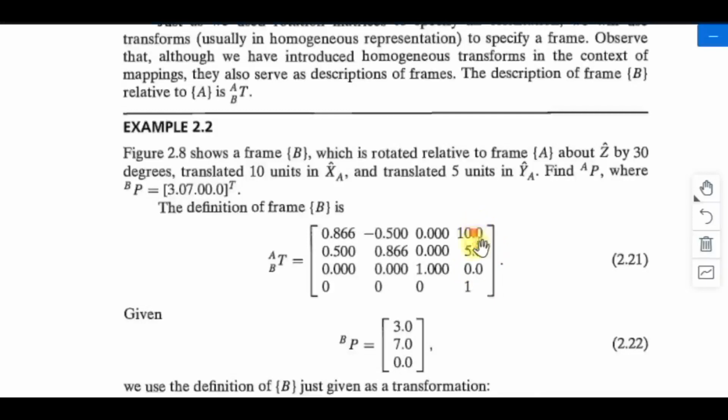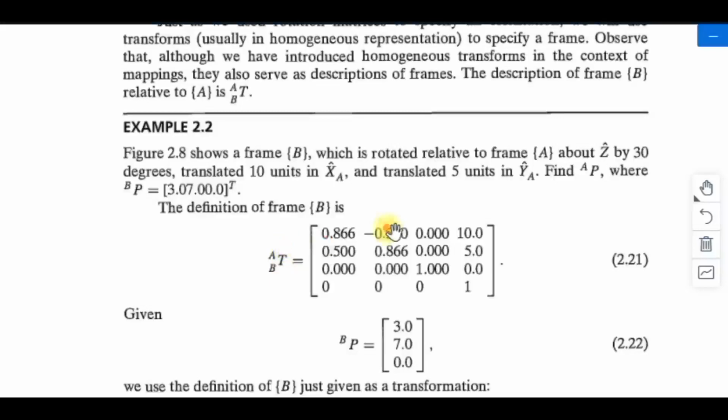So 10, 5, 0, and this is the rotational matrix which you calculated earlier, that frame B which is rotated relative to frame A about the Z, meaning Rz by 30.